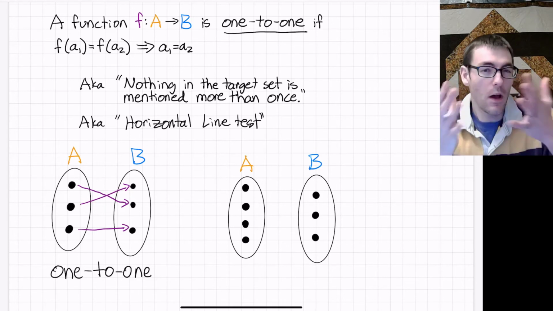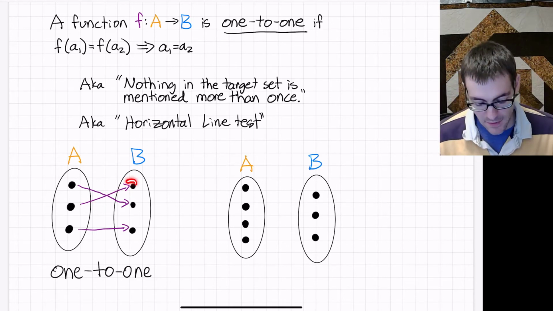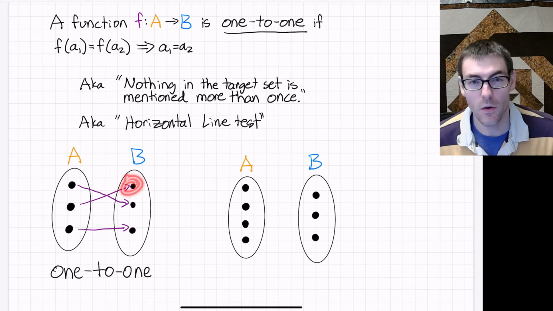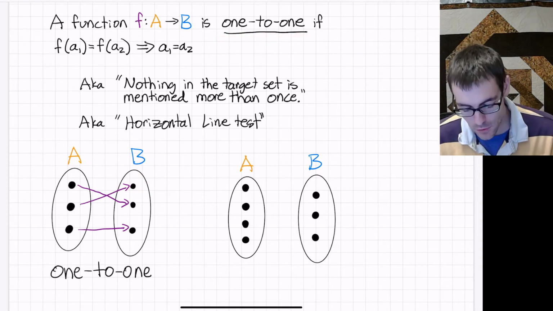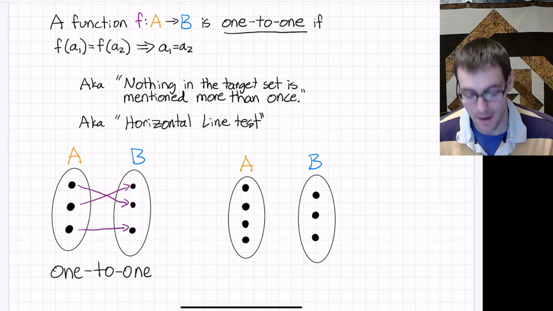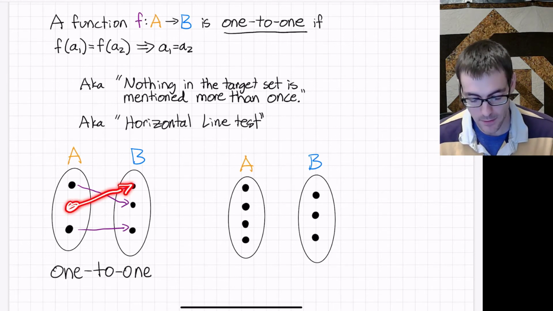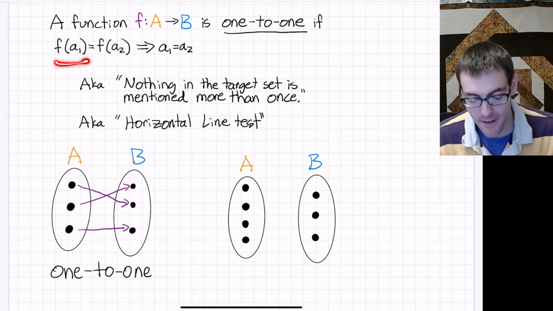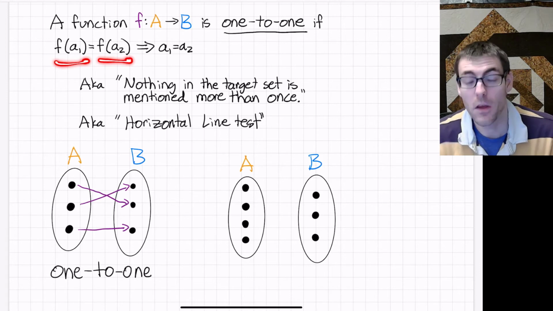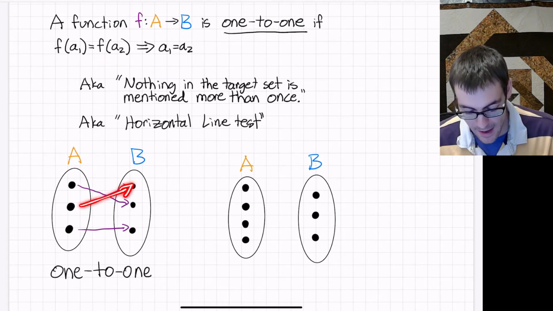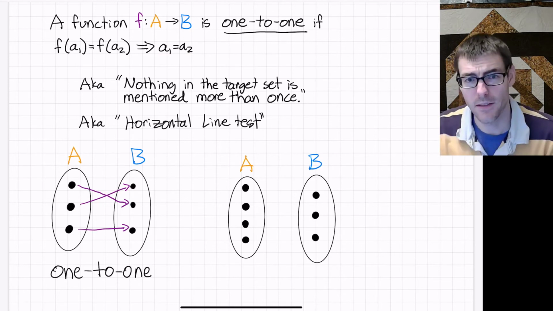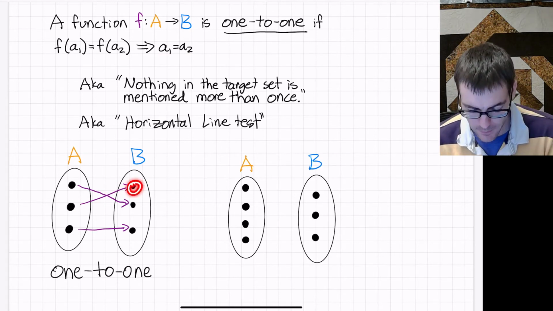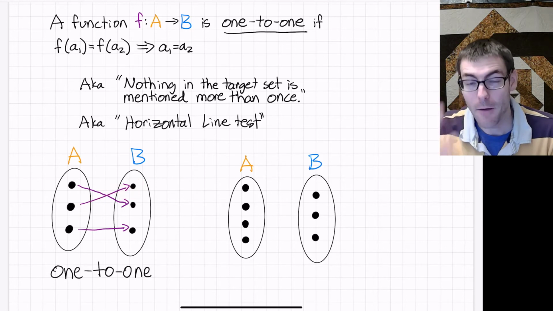If somehow we had two things pointing at the same element, then if the function was one-to-one, it actually has to be the case that the two things are really the same arrow. They're coming from the same point. In other words, if f of a1 equals f of a2, then the only way that we can have that happen is if a1 equals a2 in the first place, which really is a fancy way of saying that every element in B is targeted at most once.